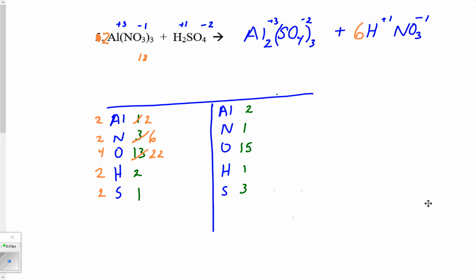When I put that 6 there, that 6 times 1 H gives me 6 H's. 6 times 1 N gives me 6 N's. 6 times 3 gives me 18 oxygens. But now when I look on the other side, holy cow, 3 times 4 is 12. 12 and 18, Mr. Cole, you're going crazy. You've got 30 now. It's okay.